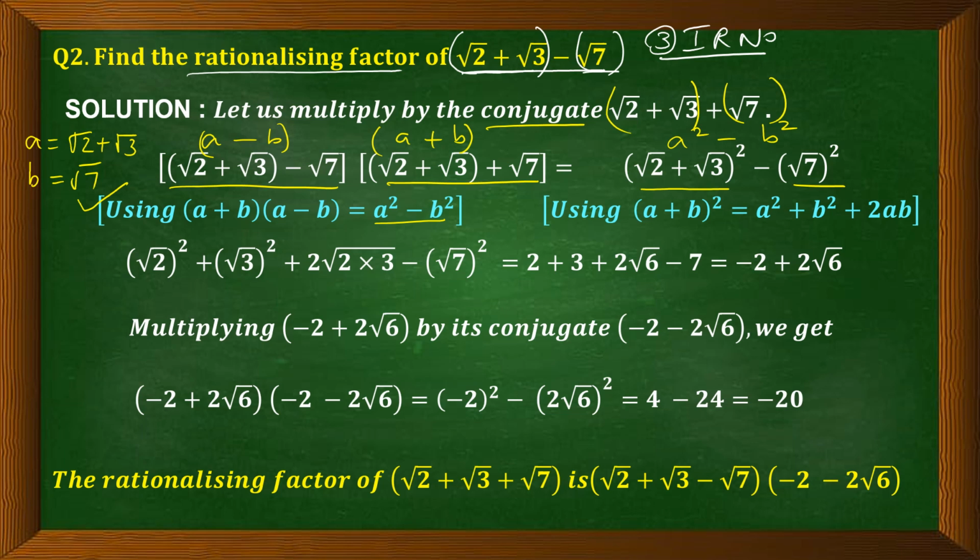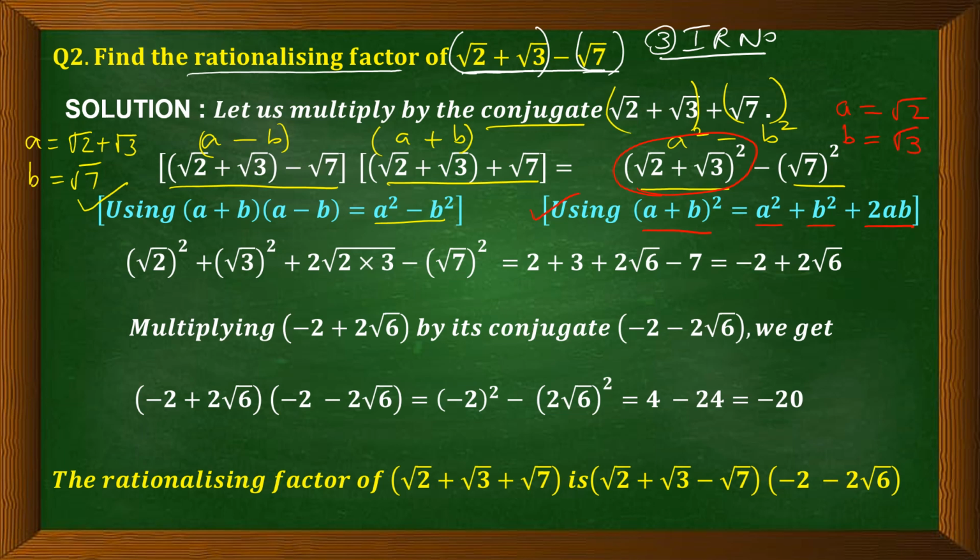Now if you see this expression, the square of root 2 plus root 3, it is also related to another identity, that is, a plus b whole square, which is equal to a square plus b square plus 2ab, where over here we can say a is root 2 and b is root 3. Right.